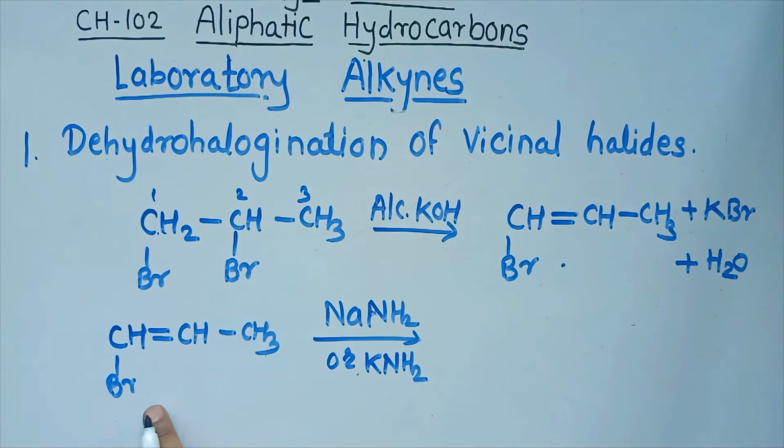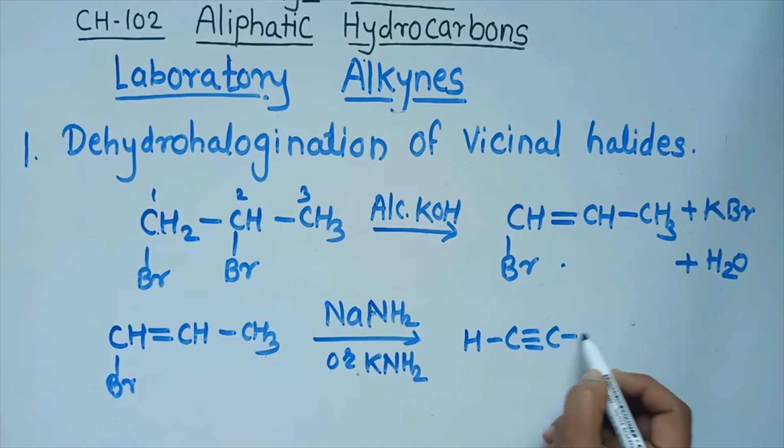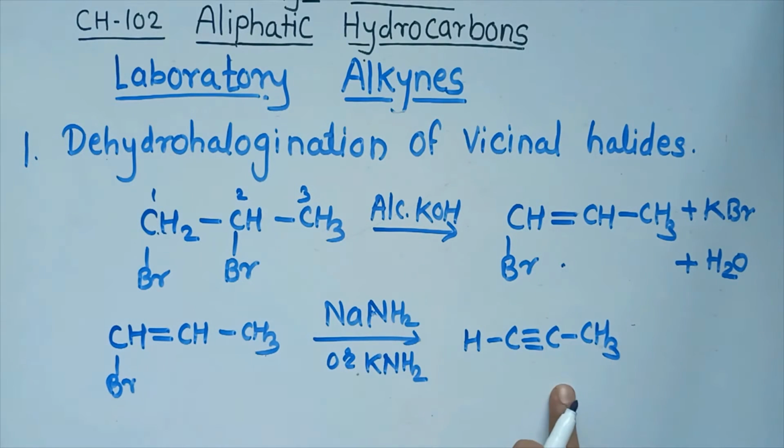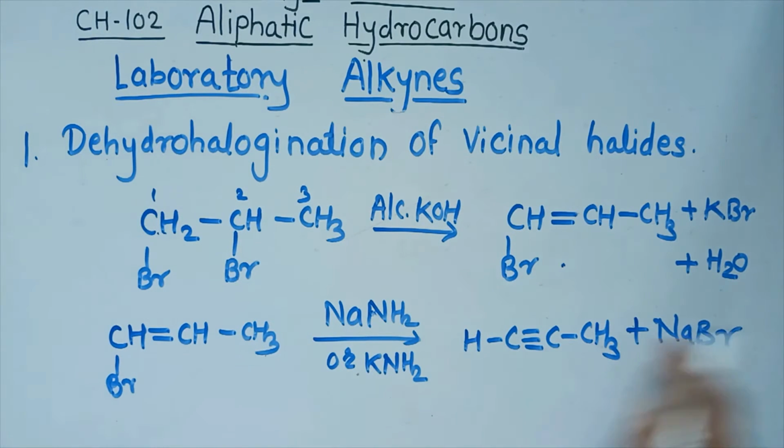When this 1-bromopropene reacts with the strong base, it forms an alkyne. So this is propyne. And the byproducts are NaBr plus ammonia. There is a formation of ammonia. Okay. So this is nothing but the dehydrohalogenation of a vicinal halide.